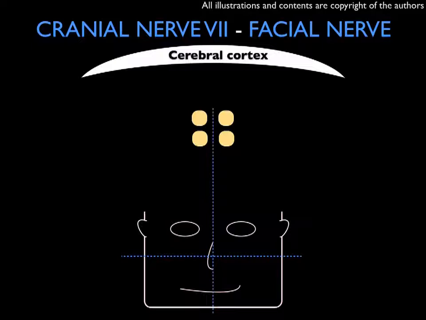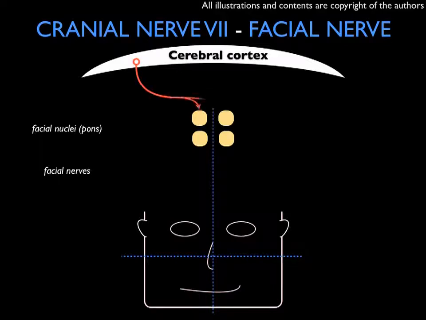What you see at the top is the cerebral cortex, and then in the middle bit, the 4 yellow spots are the nuclei of the facial nerve, one on the left, one on the right, that are basically constituted by the cell bodies of the lower motor neurons. So we have facial nuclei in the pons, and then what we will see appearing in 1 second will be the facial nerves that are actually carrying the information, the axons from the facial nuclei to the face, to the muscles of the face.